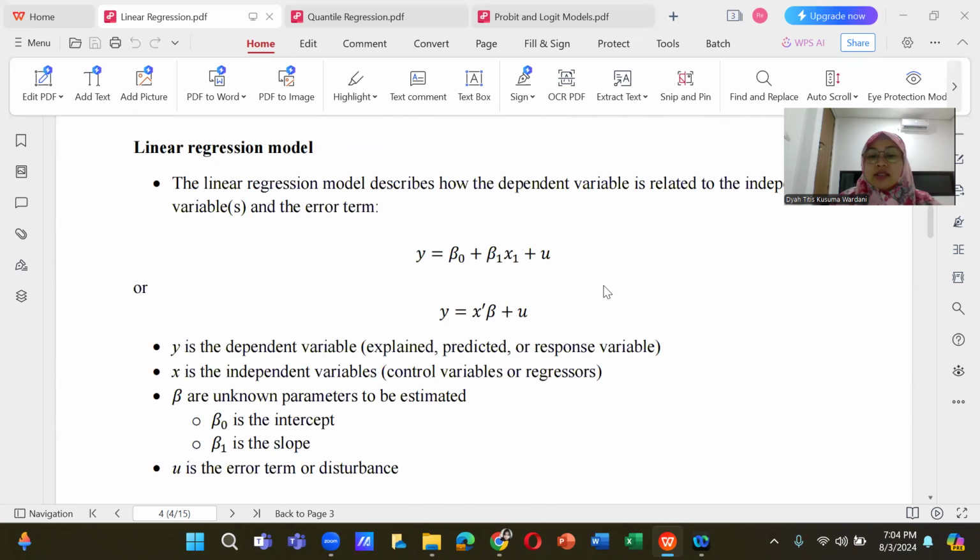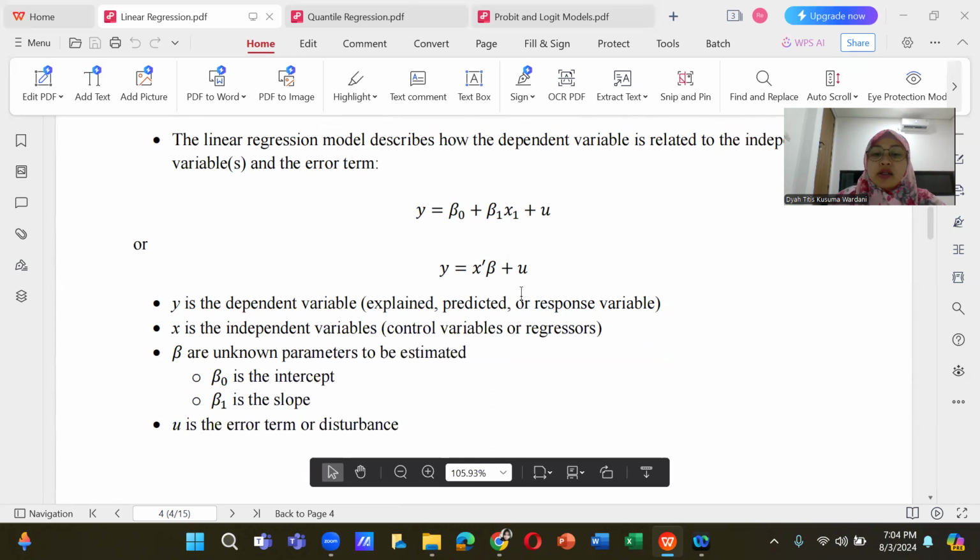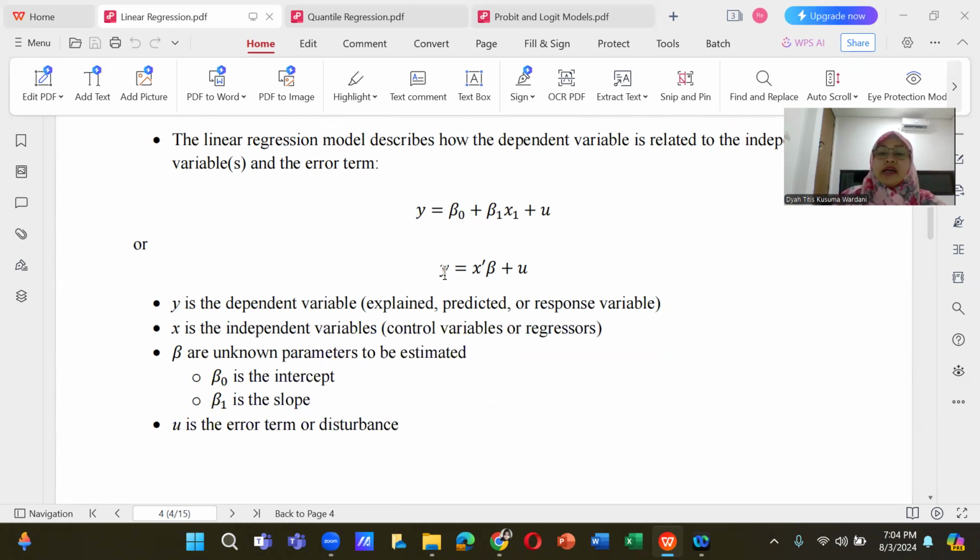This is the presentation of the linear regression model. Here y equals beta 0 plus beta 1 x1 plus u, the error term. You can also write y equals X' beta plus u as the error term.